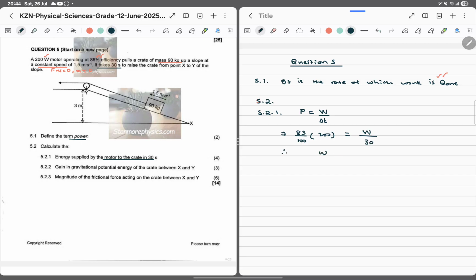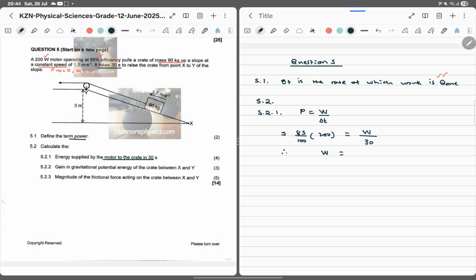Therefore, work is 30 times 85 over 100 times 200.